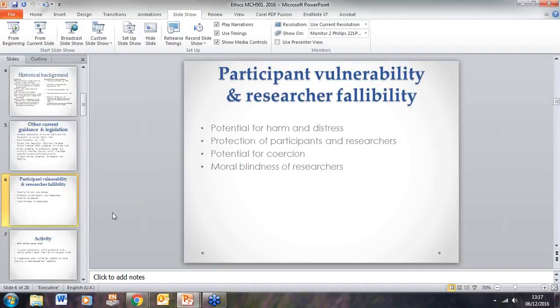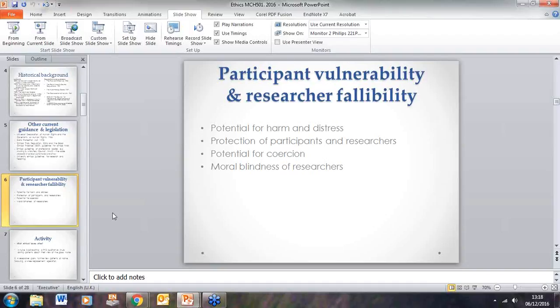And we also need to be aware of coercion, and coercion that might be overt or covert. So there might be obvious coercion if you're a senior member of staff who's asking a question of a junior member of staff, but there might also be slightly less overt coercion if the study is being funded by a particular body.